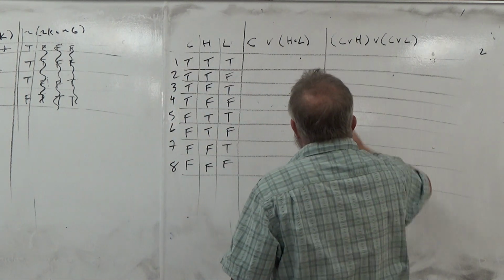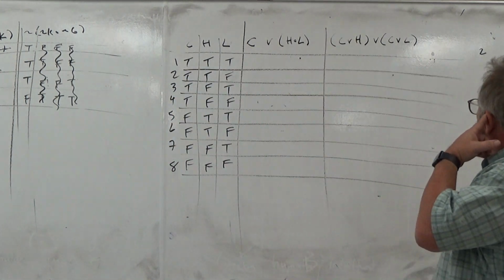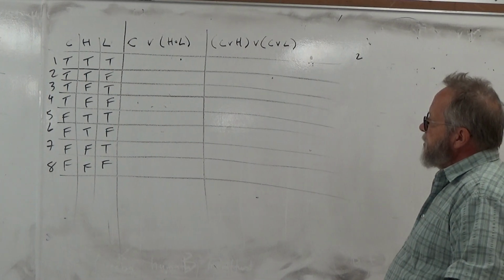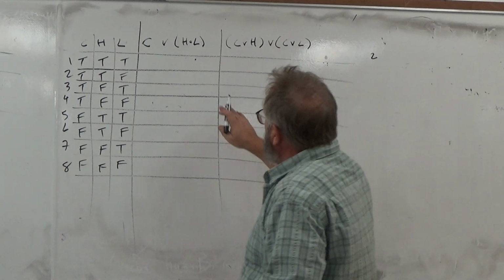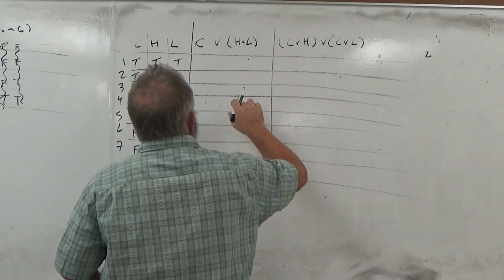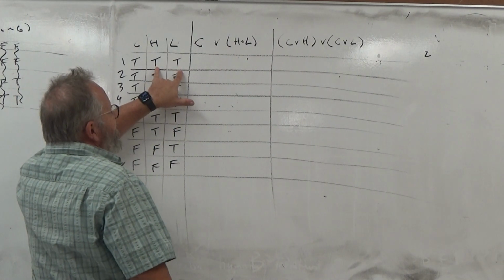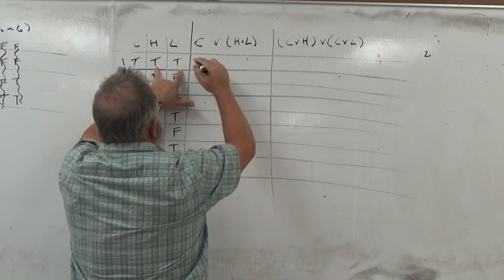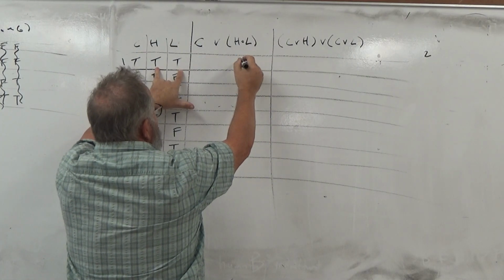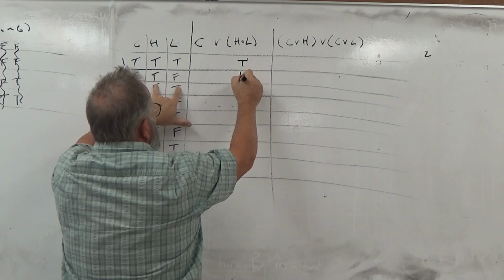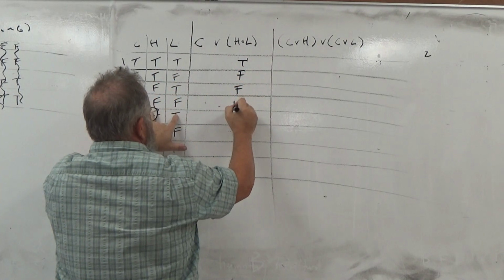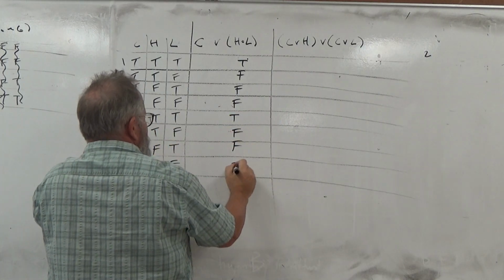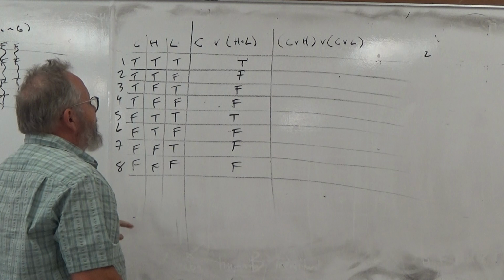So now we need to figure out the truth values for these 2 statements for all the possible interpretations, okay? H and L, okay? They're in the right order over here, so I'm just gonna do this without recopying the H and L columns, and it's an and, so I get true, false, false, false, true, false, false, false. Okay.